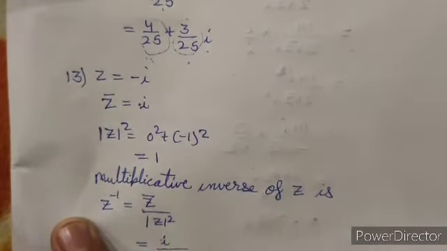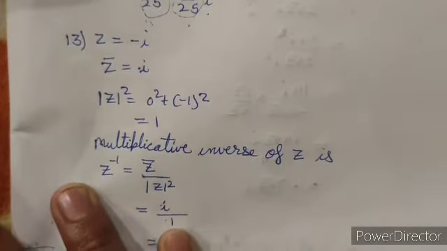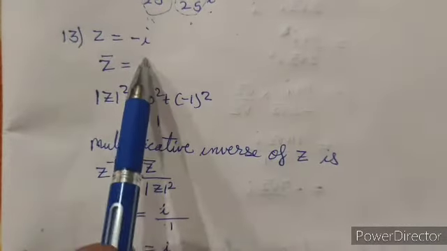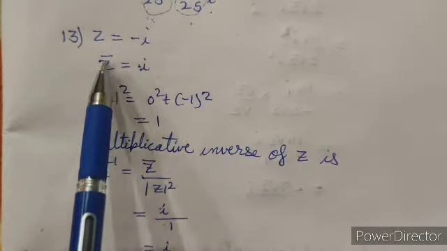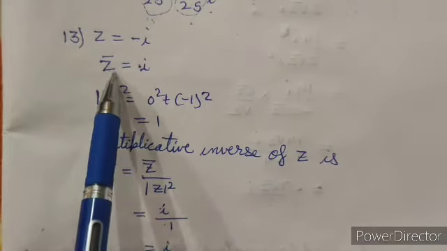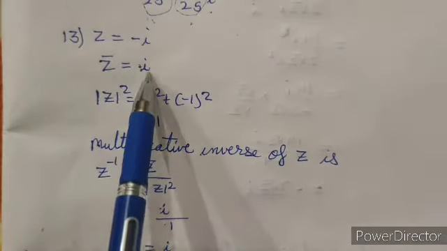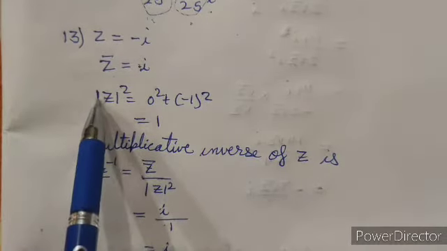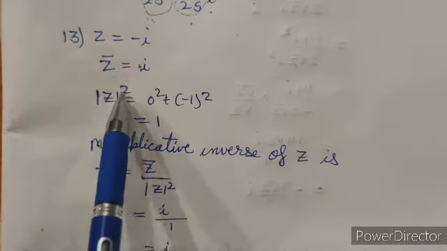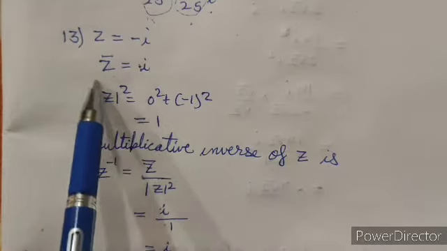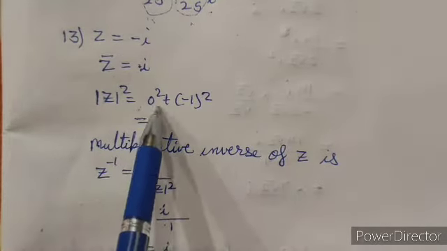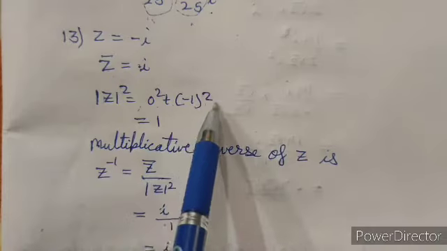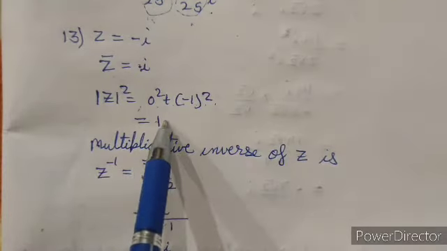Now, in question number 13, we have to find out the multiplicative inverse of minus i. So, first of all, we will find out the conjugate of minus i, and that will be plus i, or i. Now, modulus square of z will be equal to 0 square plus minus 1 square, and that will be equal to 1.